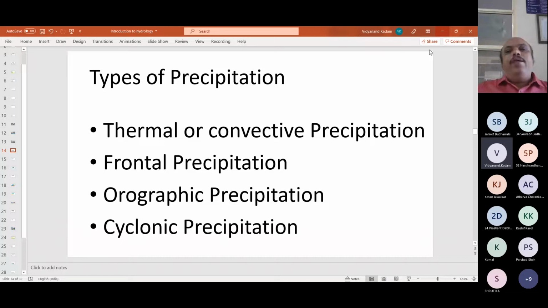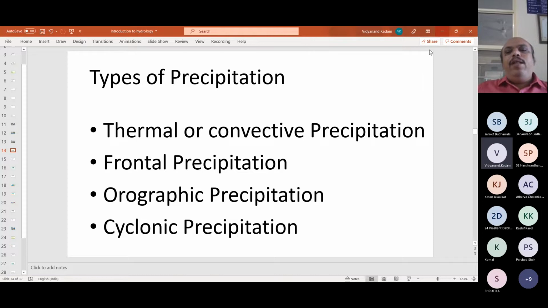So they shift these moisture laden air masses to other areas, and by wind action, these moisture laden air masses are lifted up to a higher altitude, and at higher altitude there is a low temperature, and due to that, condensation takes place, and then the fall of moisture from the atmosphere takes place. Okay, so this is how precipitation takes place.